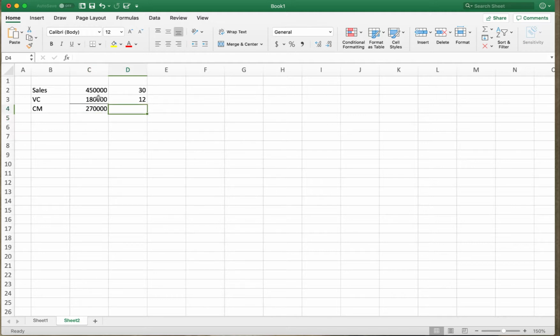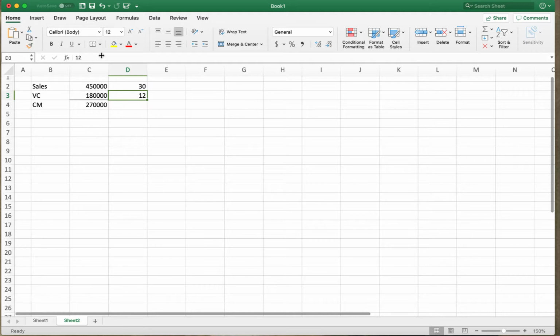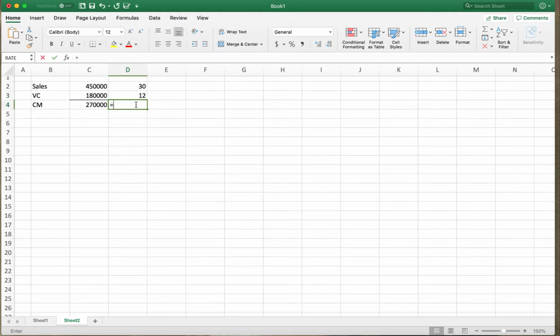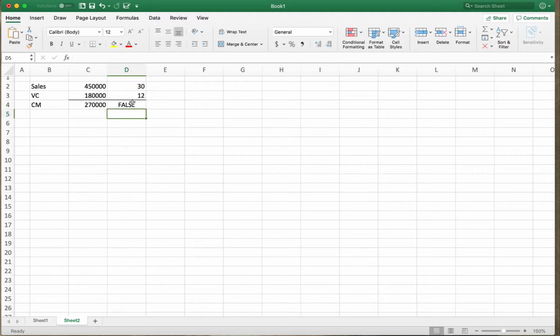Then they give us the contribution margin per unit, which is just sales less variable costs on a per unit basis, and we see that that's $18.